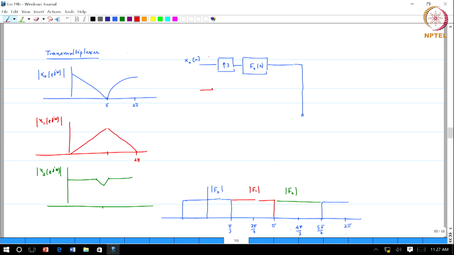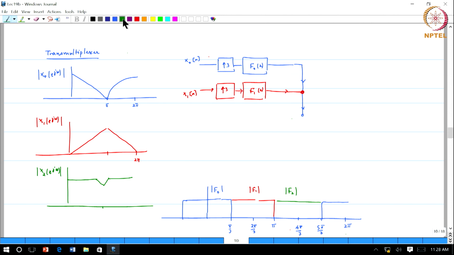take x1[n], upsample by a factor of 3, pass it through a filter F1(z), and then add it to this point, and the third, and the arrows are going in this direction. Okay.